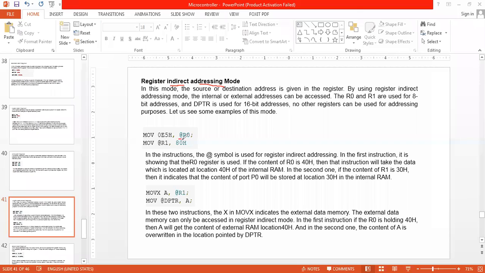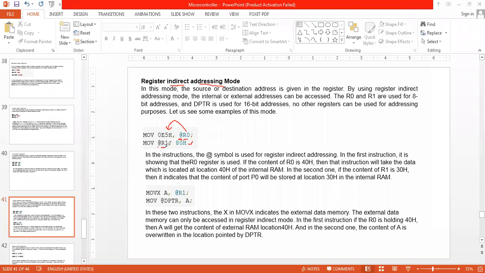If I write the at symbol here, whatever the data present inside R0, that data is considered as a memory location, as an address. From that address, whatever the data is present, that is going to be loaded into the E5 memory location. So simple.